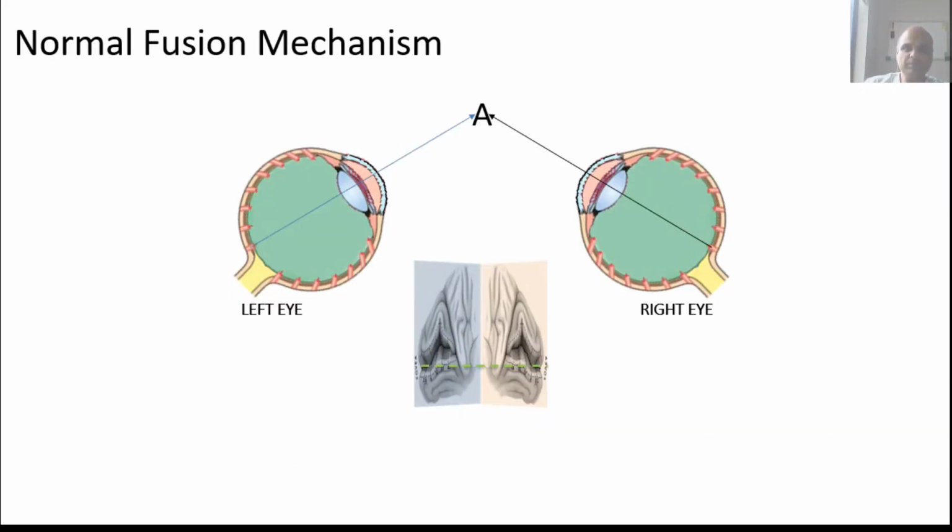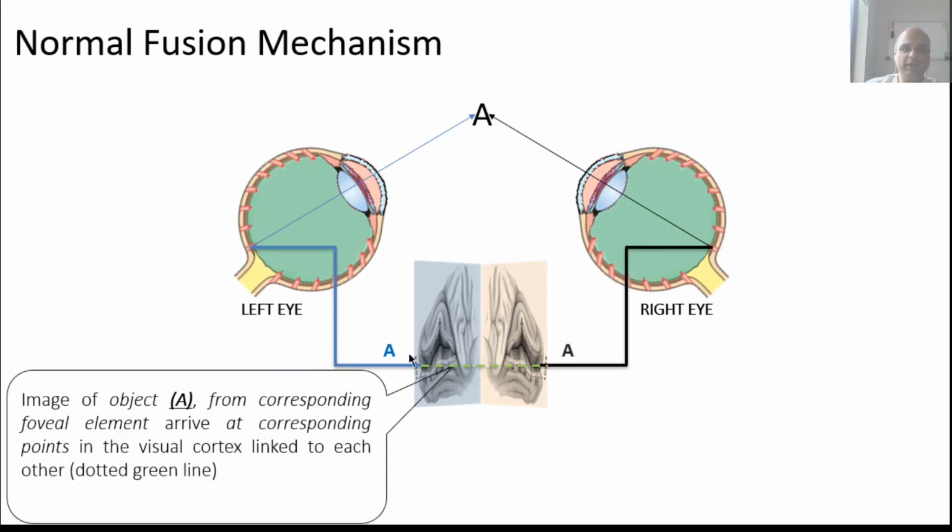So let's see how normal fusional mechanisms work. We have already seen this in reference to the rows. This time this person is looking at an A. So these corresponding foveal elements, this and this, are both pointing in the same direction in space. There is a hard-coded path to the part of the visual cortex which receives information from the fovea.